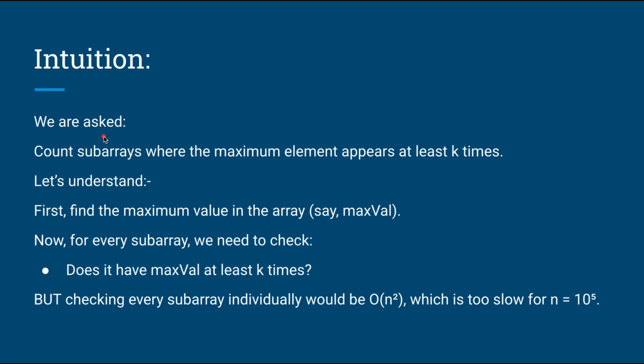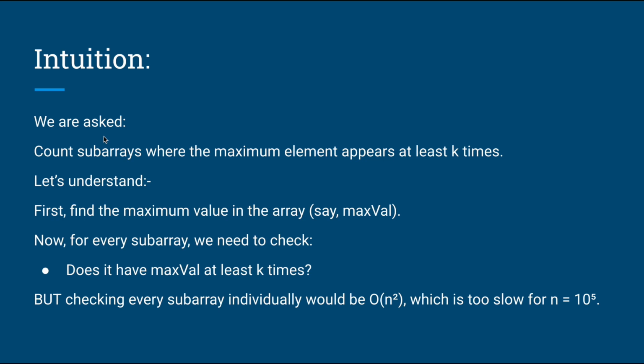Because first we will find the maximum number in the entire array. If you are aware of the previous problem from the daily contest, I have created a sliding window based solution, or you can say a two-pointer based solution, in which we discussed how sliding window works.